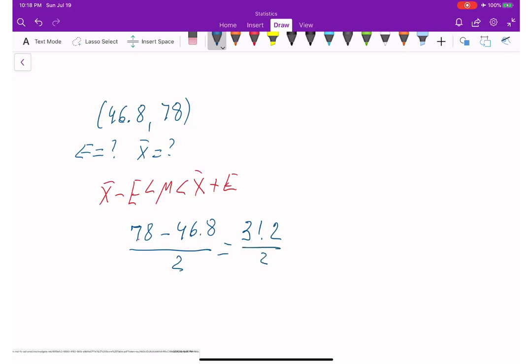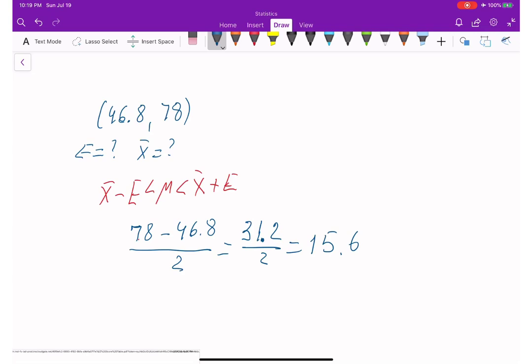And then divided by 2, we are going to get 15.6. So this is our estimated margin of error. And also estimated mean is the middle of the confidence interval. All right?